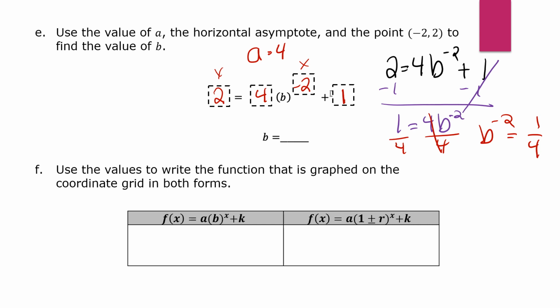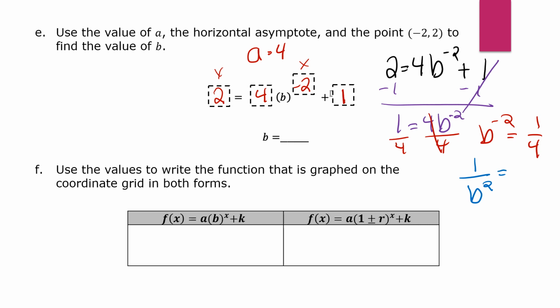And then there's a few different ways you can go about finishing solving this. We could either raise this to an exponent to get rid of that negative 2, or we can use our exponent properties. So remember, if we have a negative exponent, that would make this 1 over b squared, like it would force it into a fraction, and then the exponent would become positive.